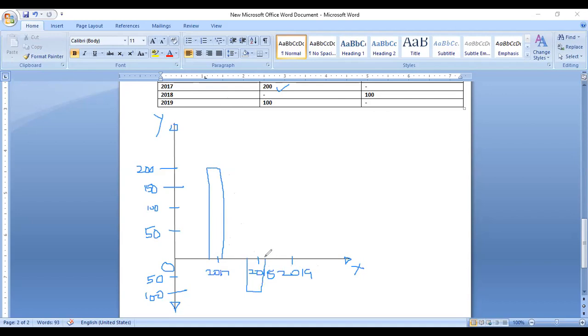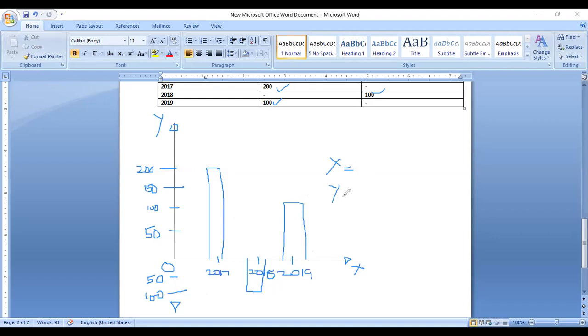Okay. Now in the year 2019, 100 crores profit came. So it is equal to 100, whereas here it is equal to 200. This is equal to minus 100, means loss is there. So on x-axis, years have been shown. We have to mention that.